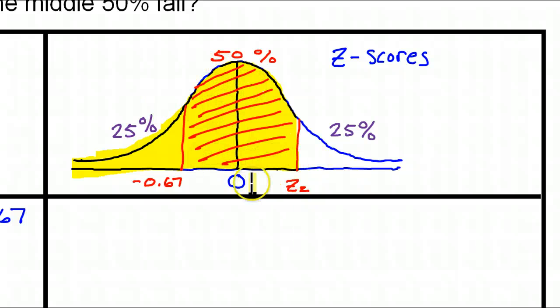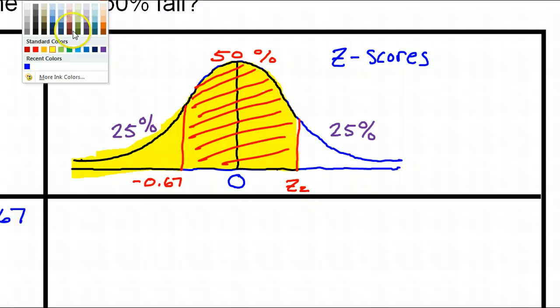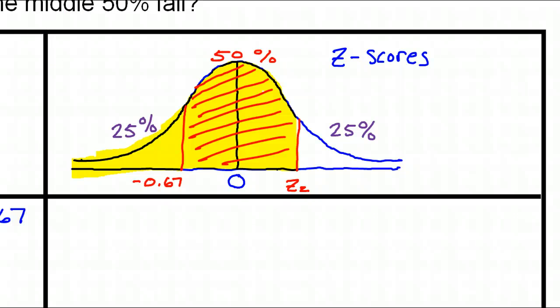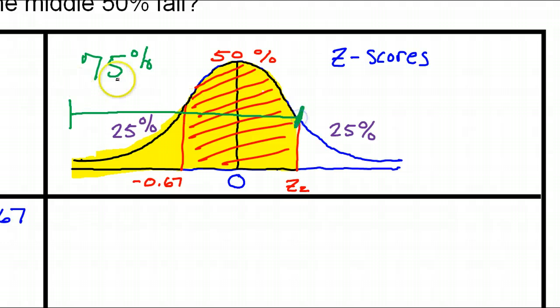Okay, so if I was going to find this z-score by hand, what I would have used was 75%. Because 75% is all of this, from here all the way to here, and that's to the left.